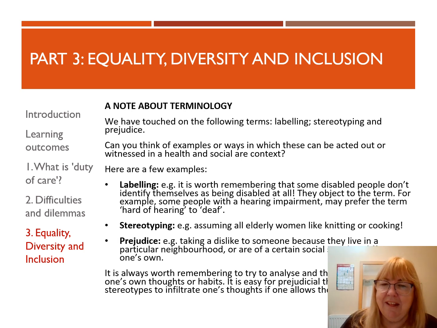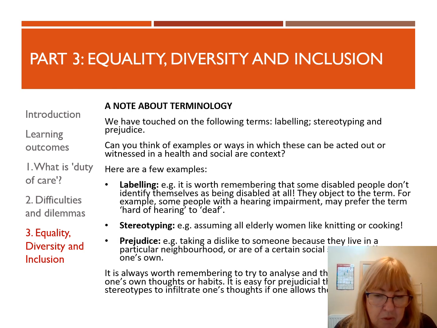There's another classic stereotype. Labeling is something we need to be conscious about, because some people who have a disability don't like to be labelled as being disabled. They might use another term. So nowadays, often people with a hearing impairment prefer to say they're hearing impaired or they're hard of hearing.